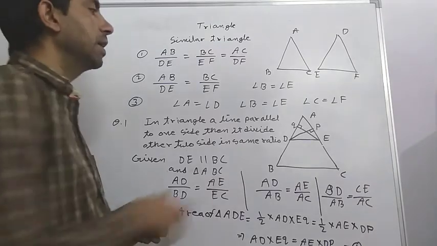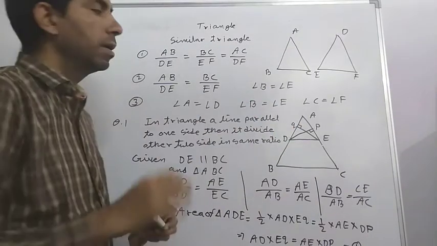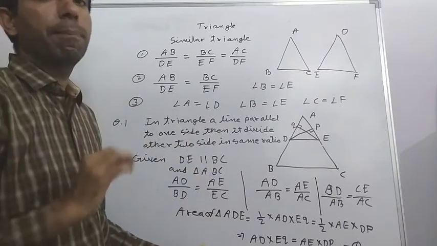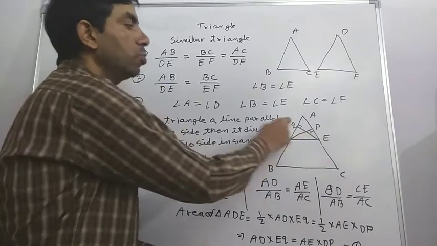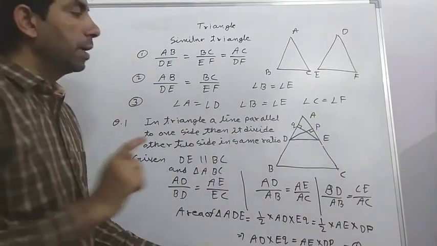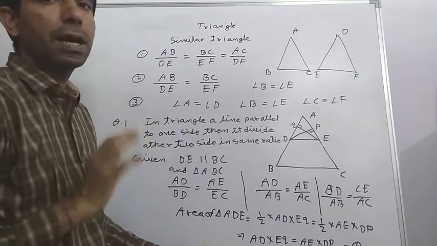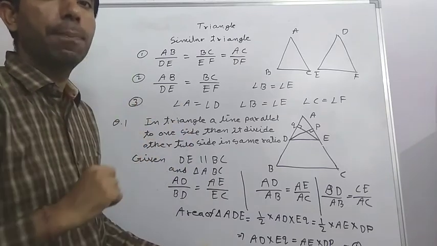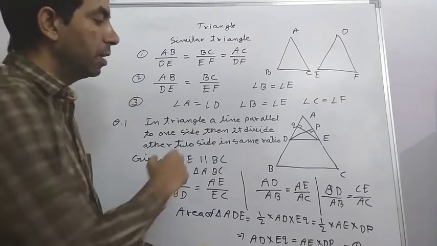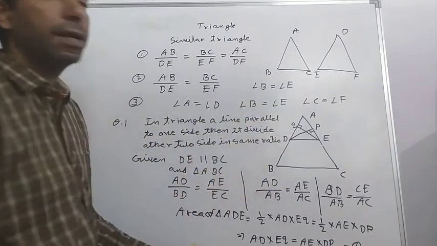I am repeating again that in triangle ABC, DE parallel BC is given, and we draw perpendiculars from E to AB and D to AC. EQ and DP are perpendiculars from the intersection points to the opposite sides. Then we get triangle ADE.